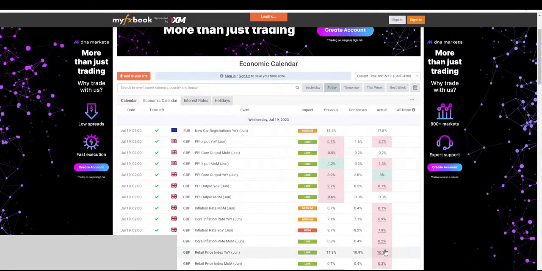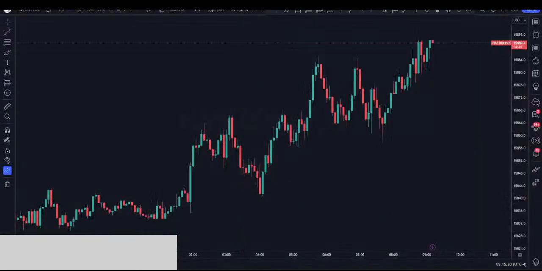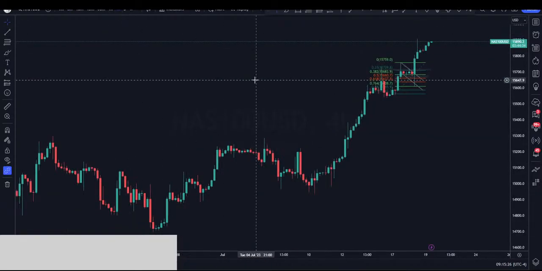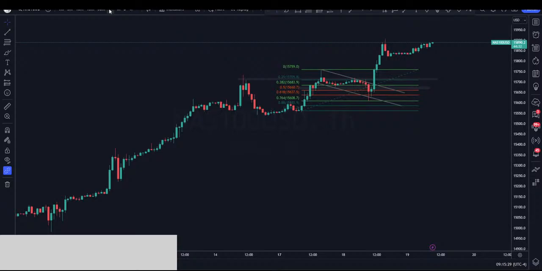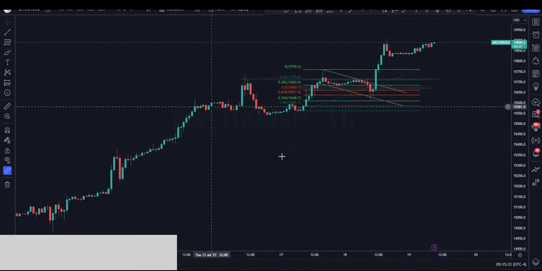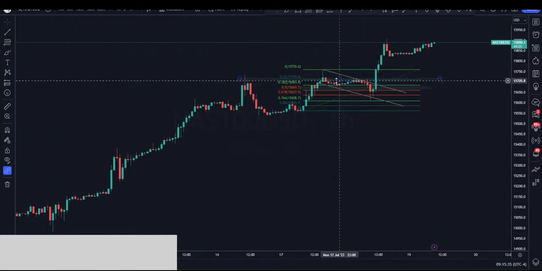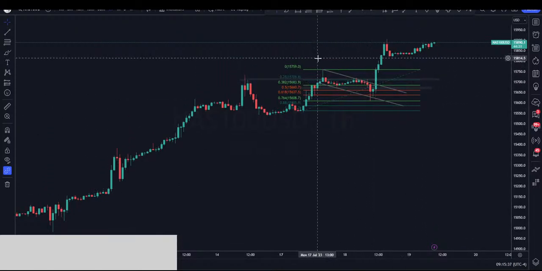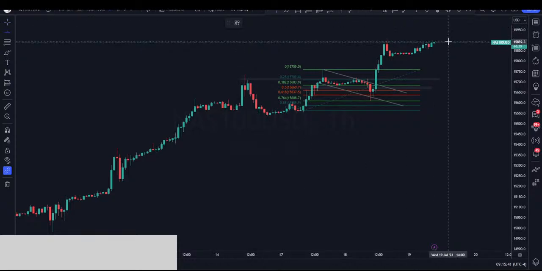Wow. Okay, while that loads, let's see what's going on with price. We have about 15 minutes for the market to open. Yesterday we had that clean break, and today we're testing, creating these new highs.